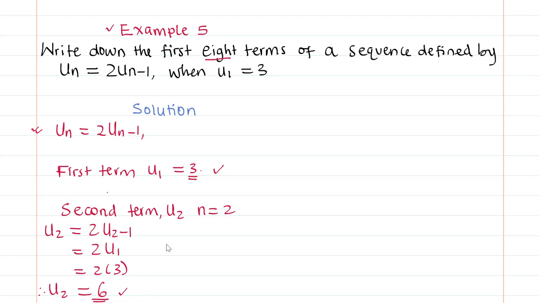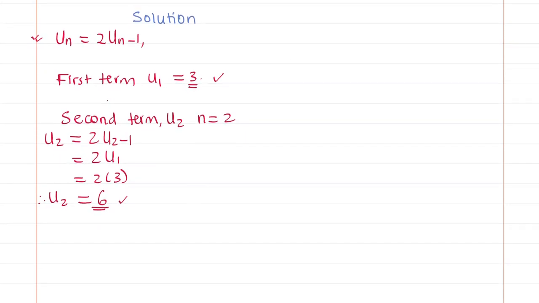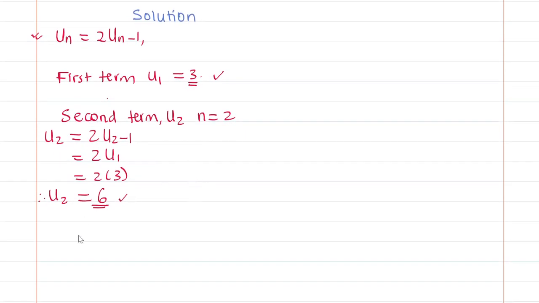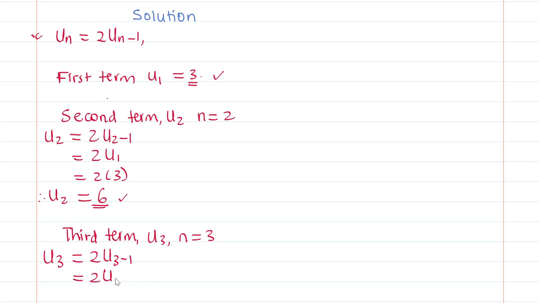How about the third term u3? For us to get the third term u3, we know that n is 3. So we follow the same formula here. u3 becomes 2 u3 minus 1, because our n is 3. So here we shall have 2 of u2, right?